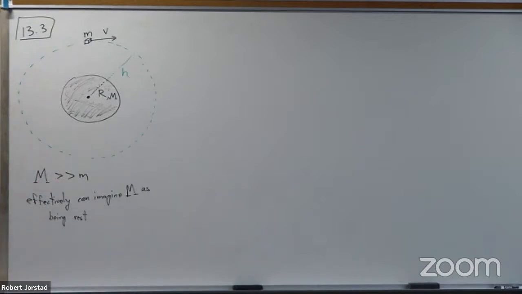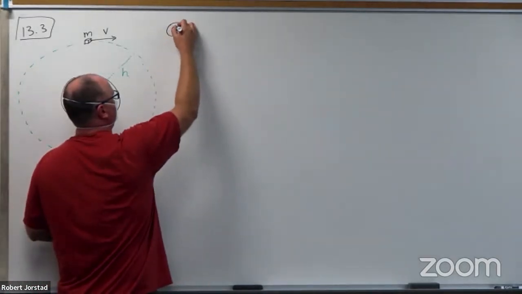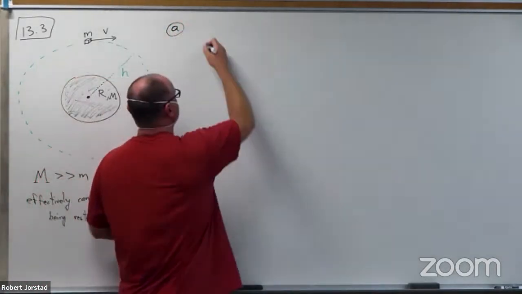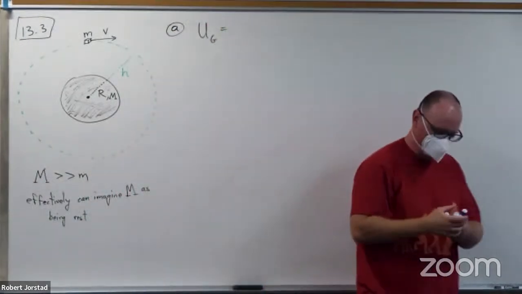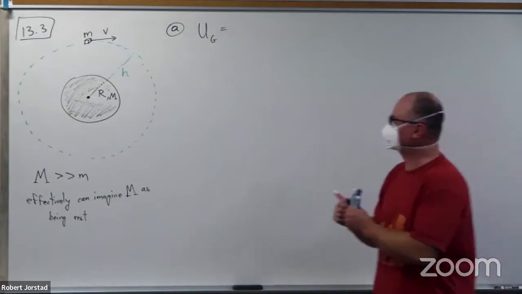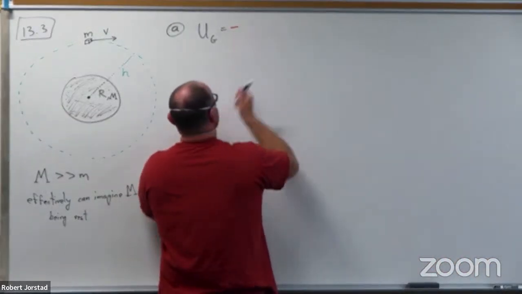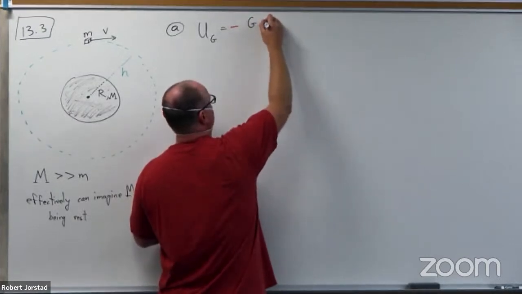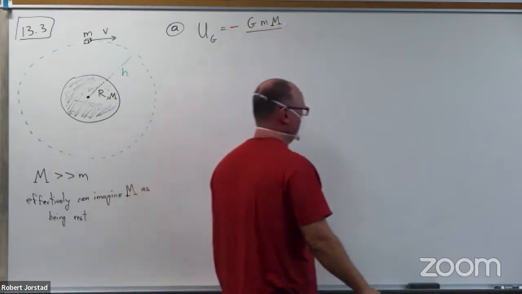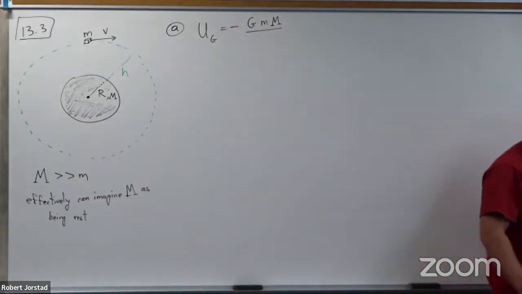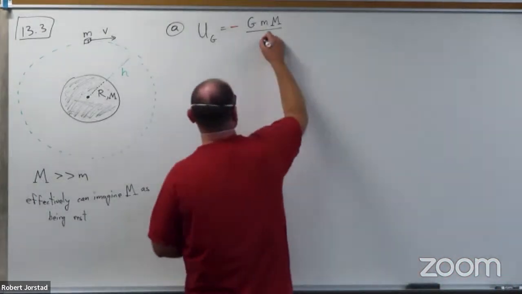Now we're finally ready. Gravitational potential energy. Somebody tell me the formula for gravitational potential energy for this one. Not mgh anymore. What is it? Negative. That's the first word I wanted to hear. You got G, M over somebody else. Is it r or r squared for potential energy? r, you got it.